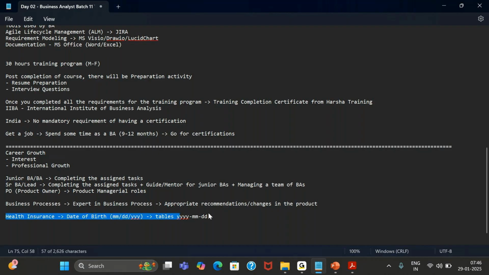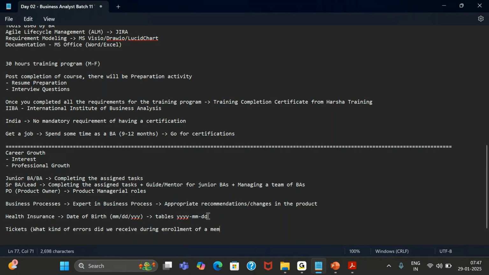Now, when we were spending some time, I didn't know what recommendations or changes could be made in the product. So we started reviewing some of the production tickets, just to see what kind of errors we received during enrollment of a member.